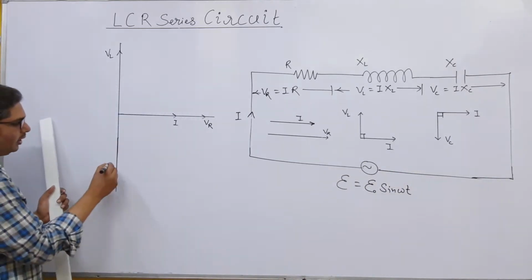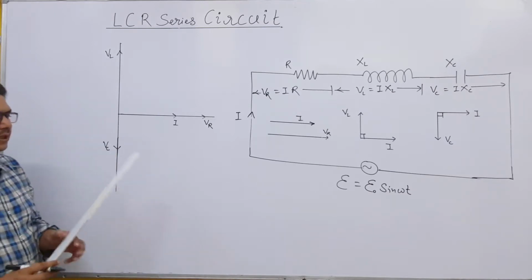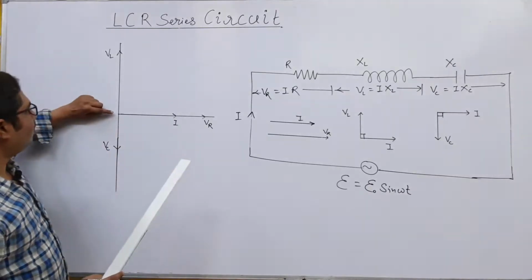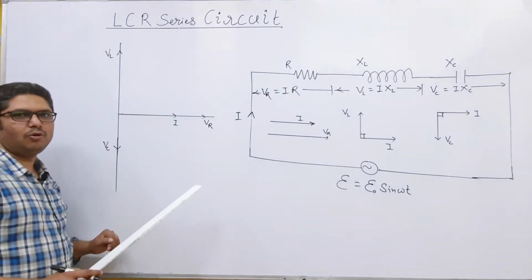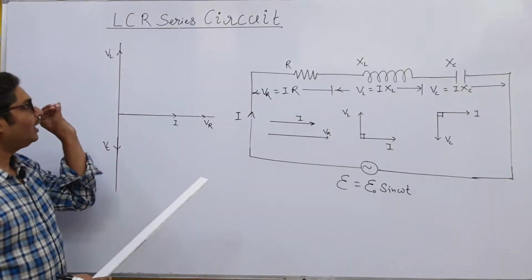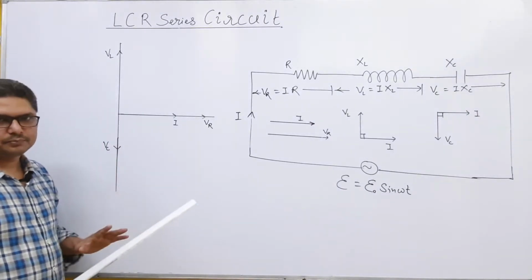Since the length of VL is greater than the length of VC, we say that this is an inductive dominating phasor diagram.